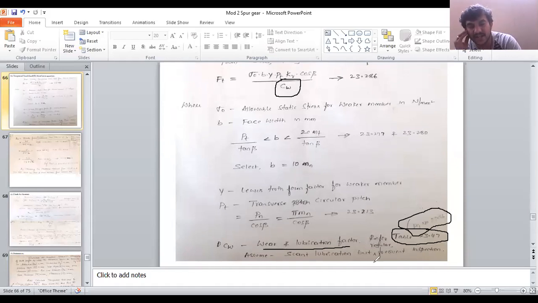If this data is not given in the problem, what do we assume here? Scant lubrication, but regular and frequent inspection. What is scant lubrication?